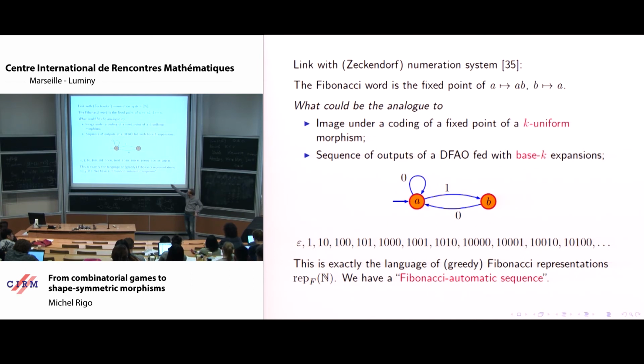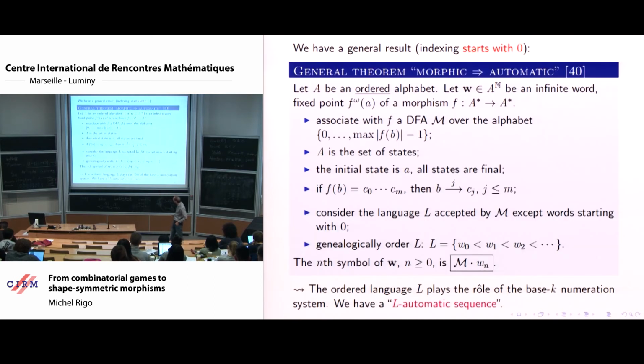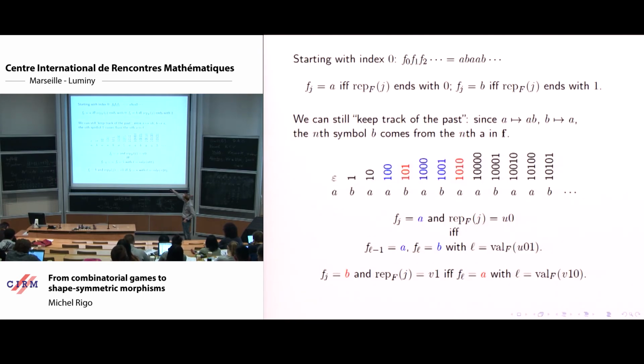And if you look at the automaton, when do you end up in an A? You will end up in an A if the expansion ends with a 0. And you will end up in a B exactly if it ends with a 1. So you know precisely when you will have an A or a B. You just have to write n using the Fibonacci expansion, and if it ends with 0 or 1, you know if you have an A or a B.